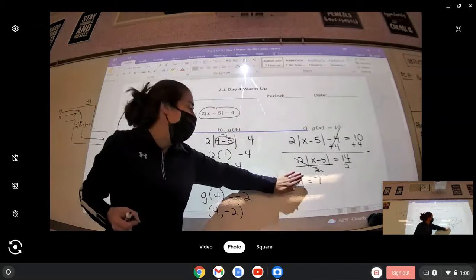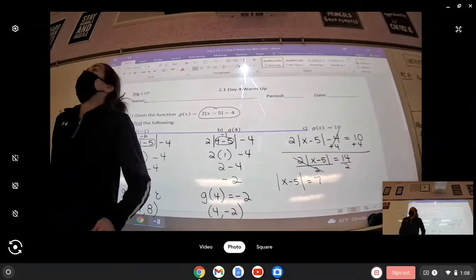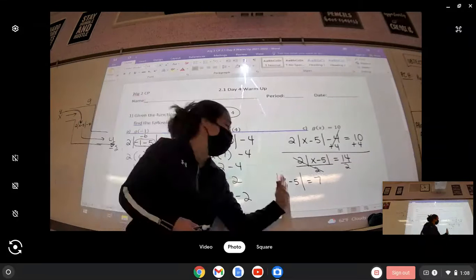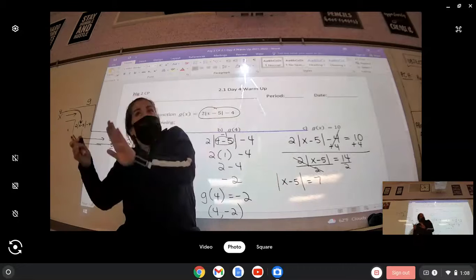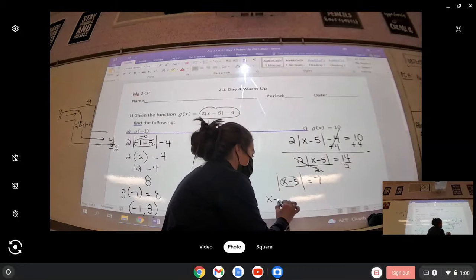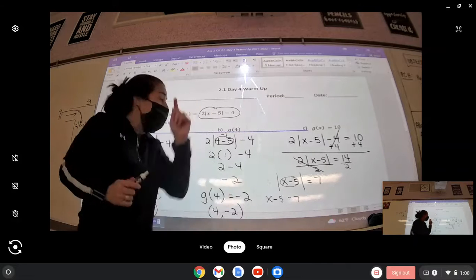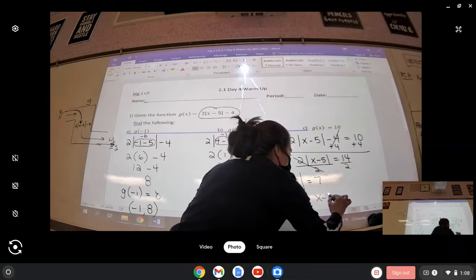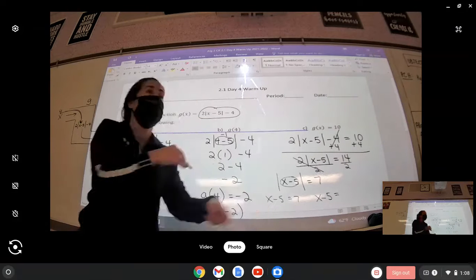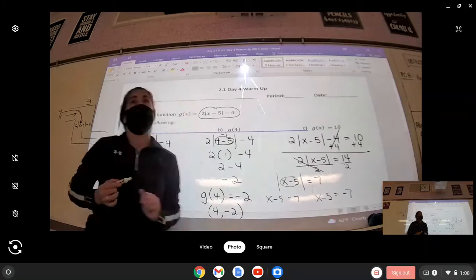Because in math, how many numbers have an absolute value of 7? 2. What 2 numbers have an absolute value of 7? 7 or negative 7. That means that inside the bars, x minus 5 could have become 7, because the absolute value of 7 would have been 7. Or inside the bars, x minus 5 could have become what other number? Negative 7, because the absolute value of negative 7 could have been 7.